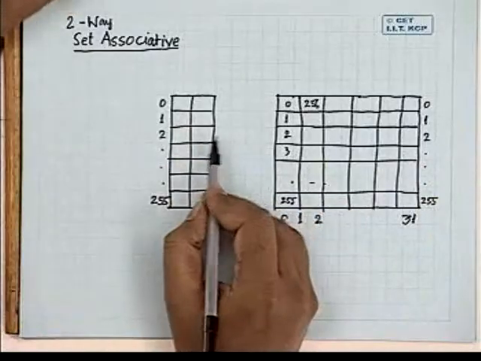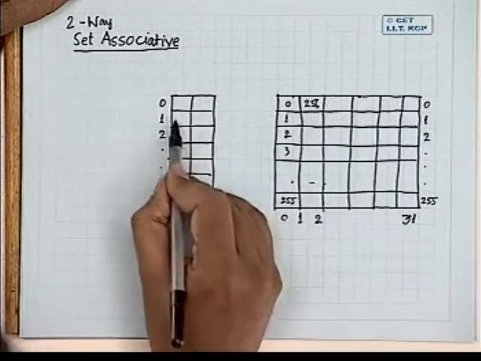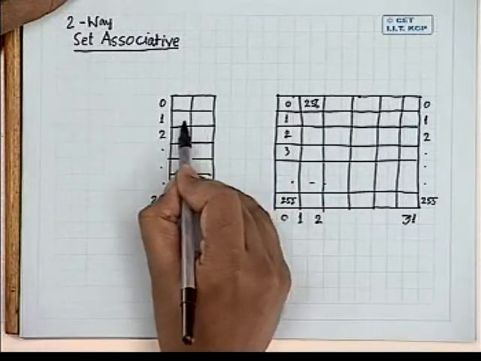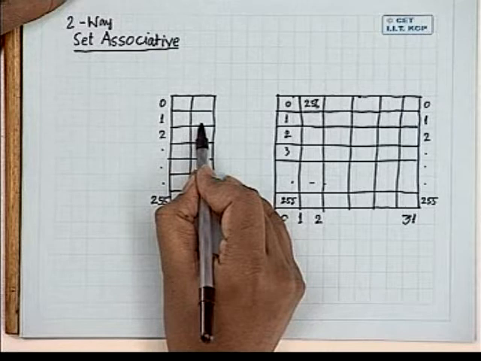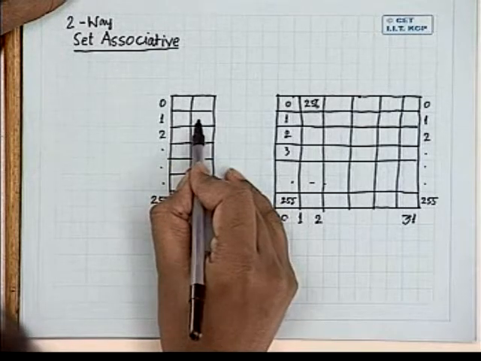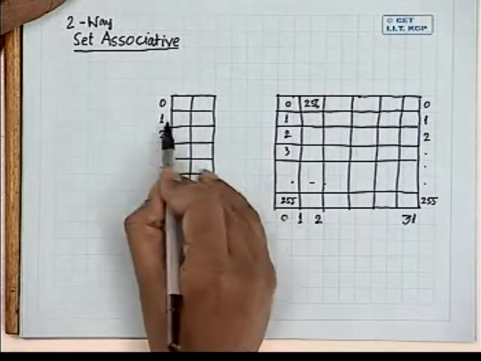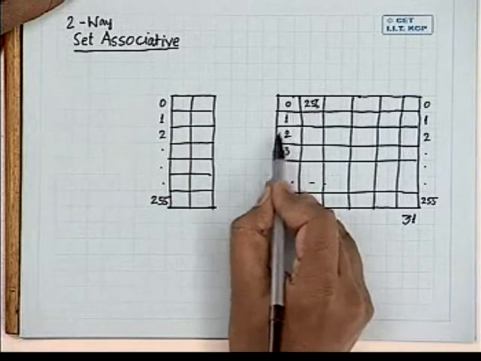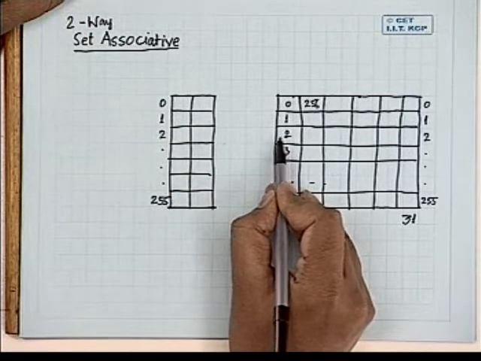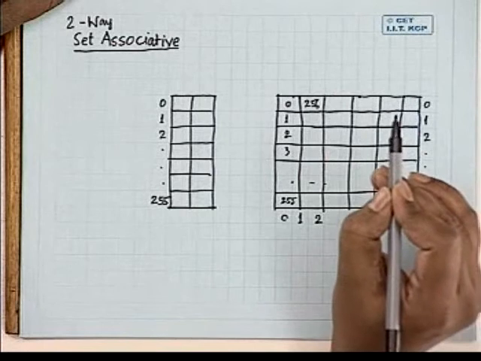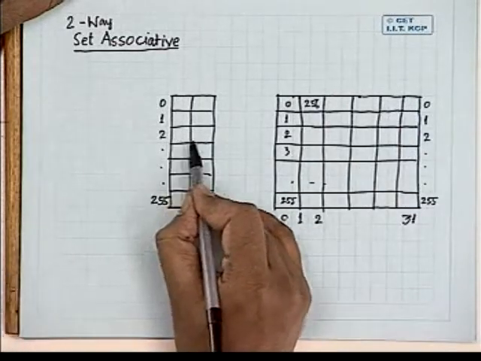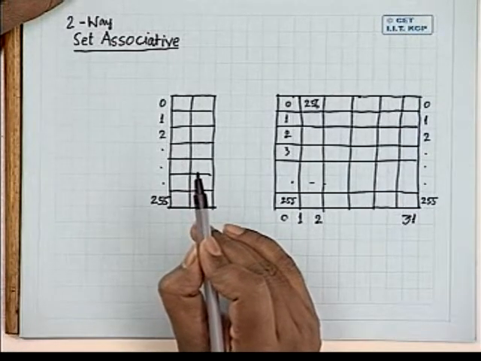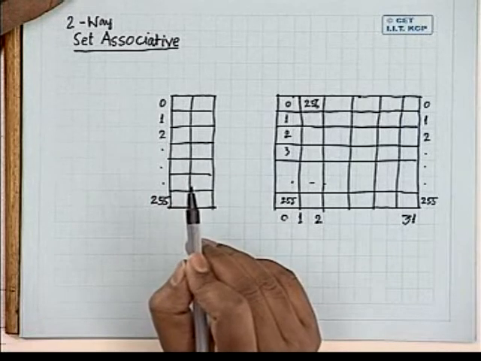In this case, set associative cache memory, because a block can reside in any of these two cache lines, I have to compare the tag fields corresponding to both the cache lines simultaneously with the tag field of the address that is generated. That means in this particular case, I need two comparators to achieve parallel comparison.